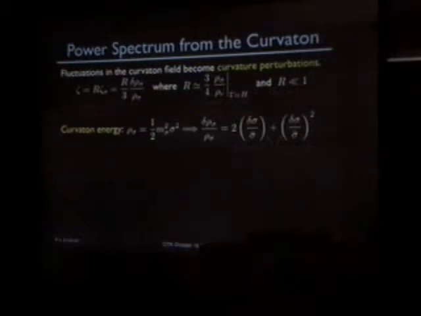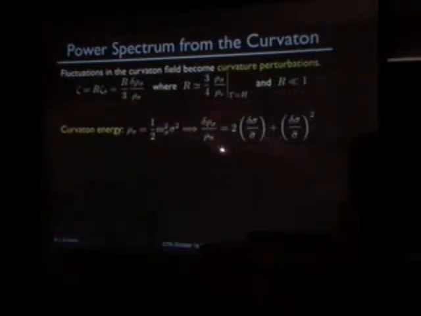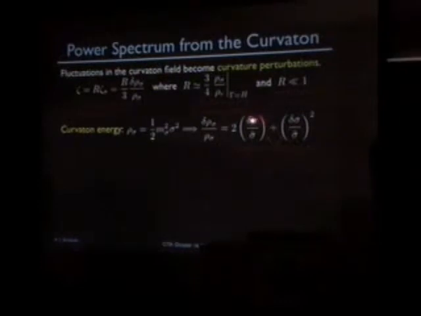The curvaton energy, which determines this zeta, is just its quadratic potential, and the energy is conserved as it oscillates, or goes as a to the minus 3. And that ratio of energy density perturbation is equal to the variation in the field itself over its mean value plus that quantity squared.